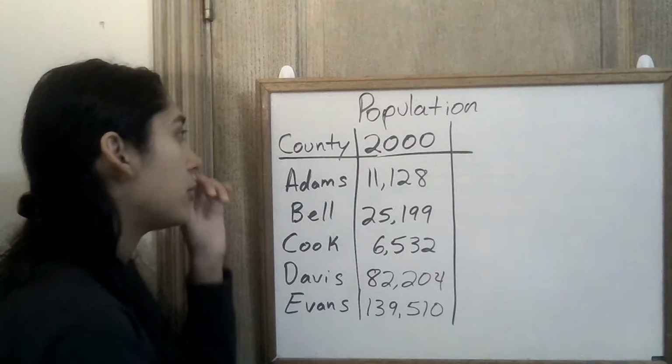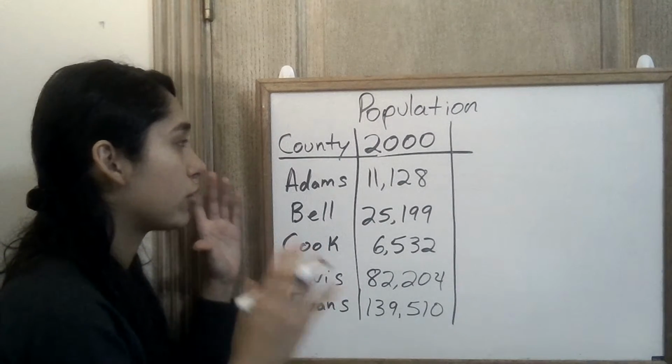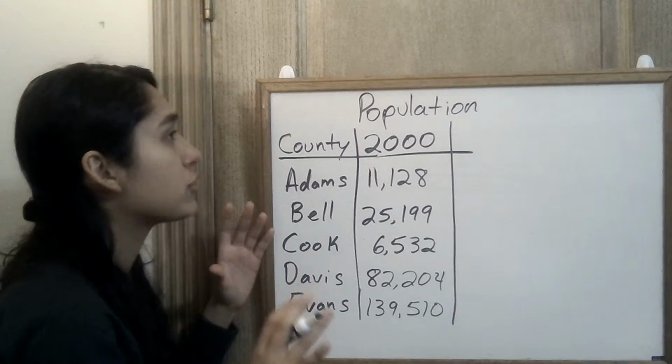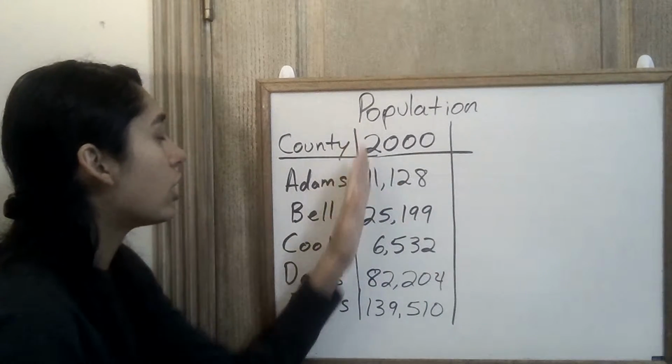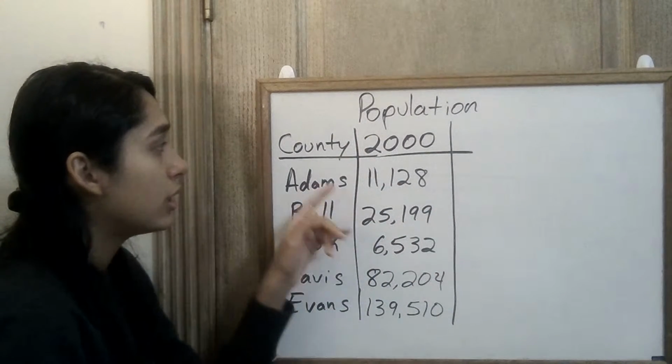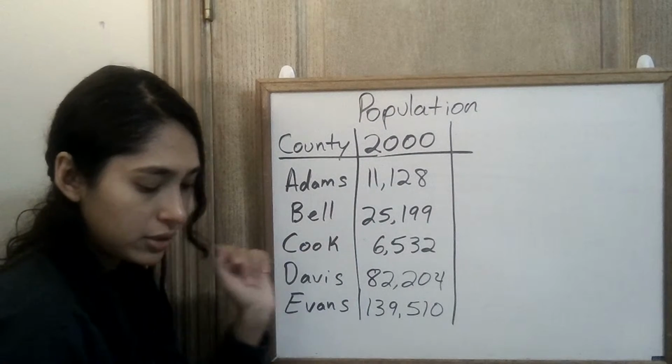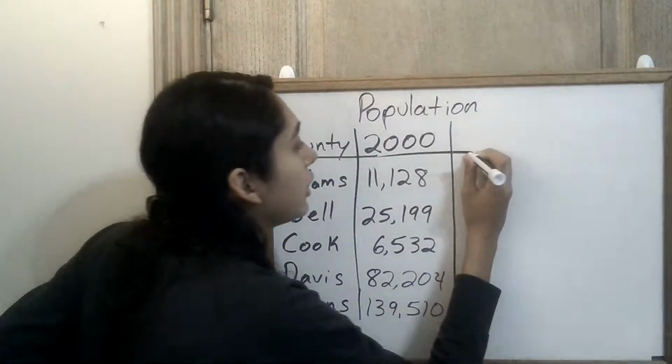All right, so now the awesome thing about graphs or any type of visual representation is that we can see change over time. So this was the documented population size in the year 2000, but let's say we have the year 2010.